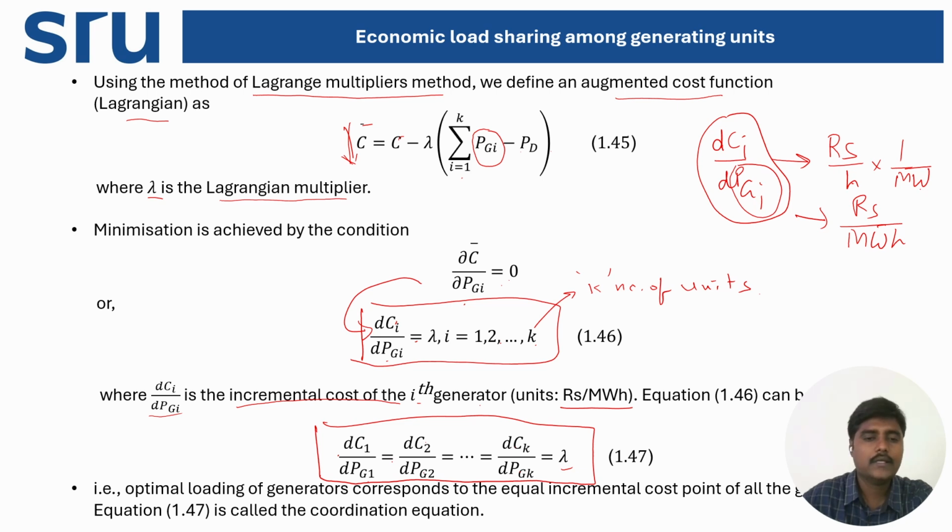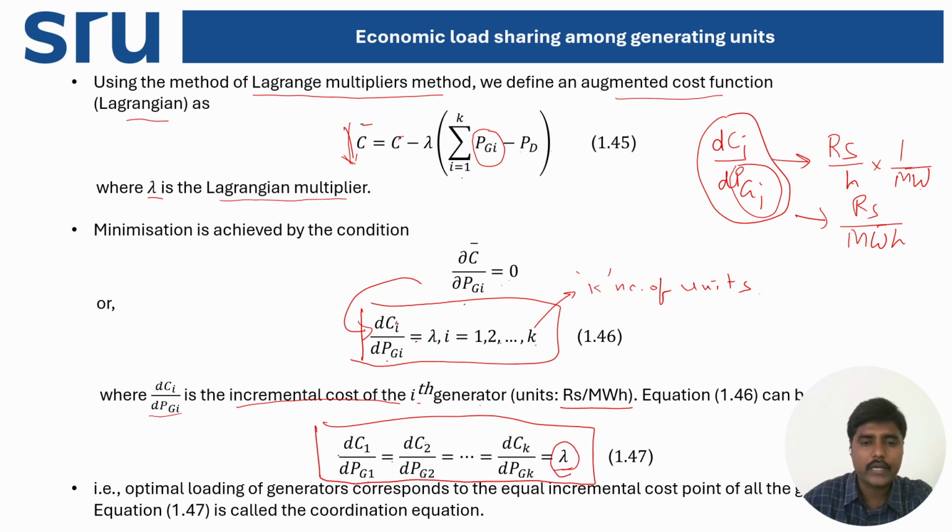That means if you want to allocate the load among K number of units optimally, the condition is that the incremental fuel cost of all the units should be the same, and that should be equal to the Lagrange multiplier lambda.